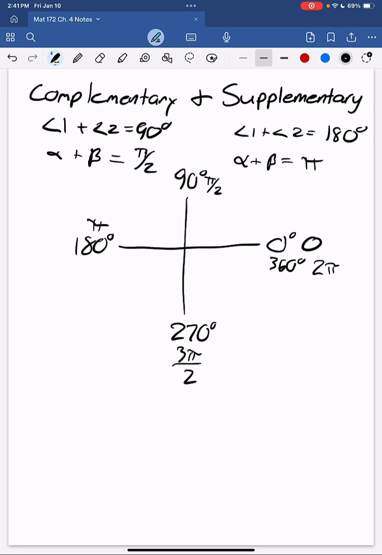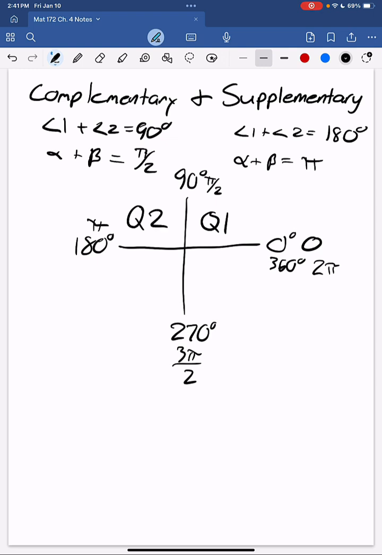Now this coordinate grid is broken up into what we call quadrants, the portions, the corners. We always start with the top right and go in a counterclockwise position. So if a point lies in the top right, then it is in quadrant 1.